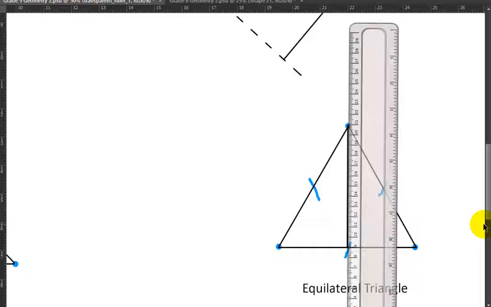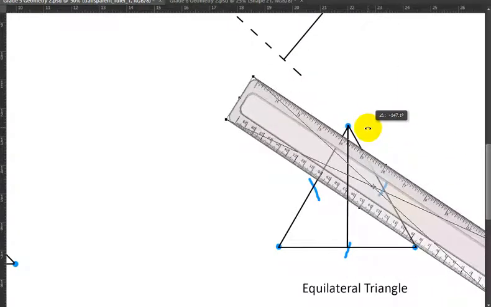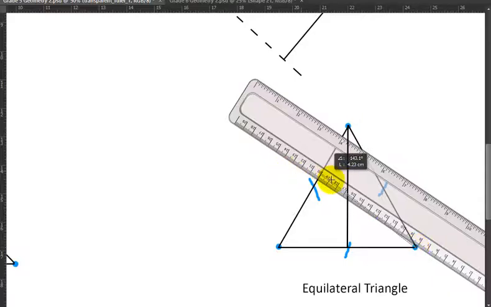Now I will turn my ruler to make it perpendicular to this side. And you see that it's already in position for me to make the next height. And now I will do the same.